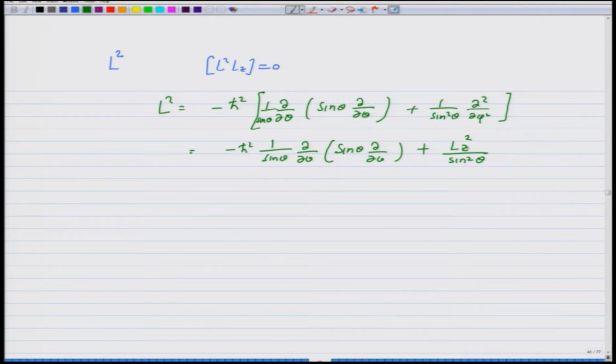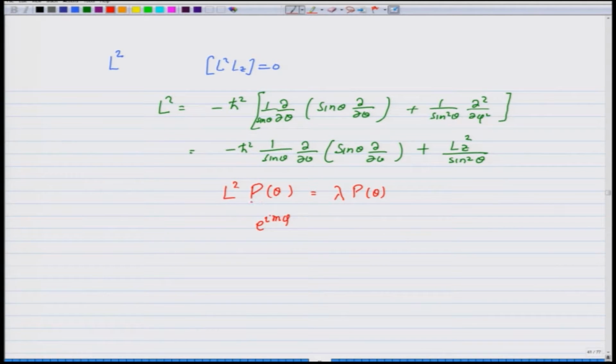And if I want to find the simultaneous eigenfunctions, I have to do L square on whatever those eigenfunctions are, let me call them P of theta, equals lambda P of theta. You may wonder why I wrote P of theta. That is because I already know the Lz eigenfunctions, and those are e raised to i m phi, and since these are simultaneous eigenfunctions of L square and Lz, there cannot be any phi term in P. If it were there, then Lz would operate on it.